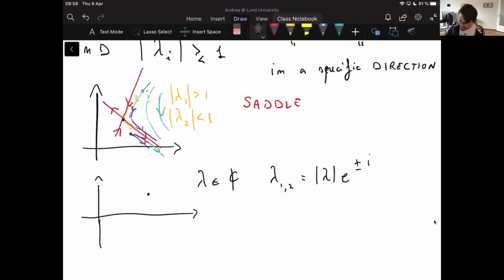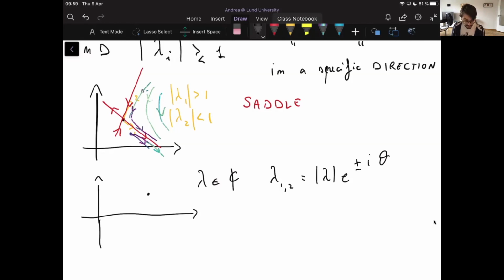One is plus, the other is minus. So they will have the same absolute value with opposite angles. Because of the properties of the Jacobian, the eigenvalues can be complex, but the only way they can be complex is if they are complex conjugates. This is because of symmetry properties of the Jacobian.